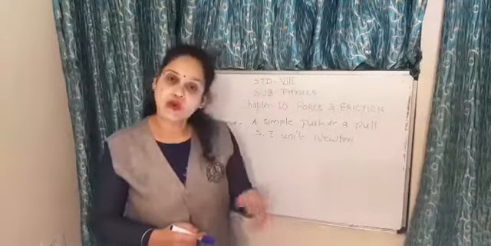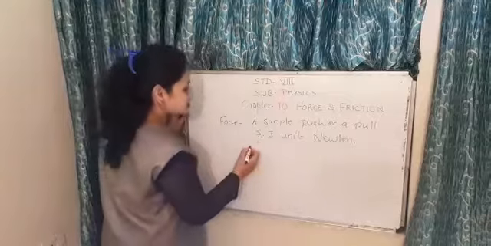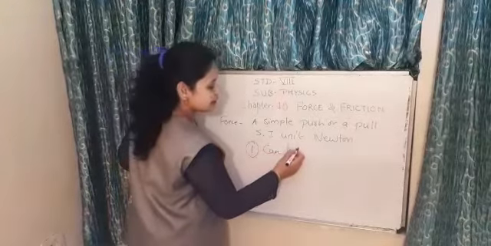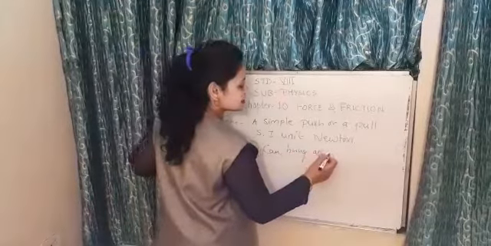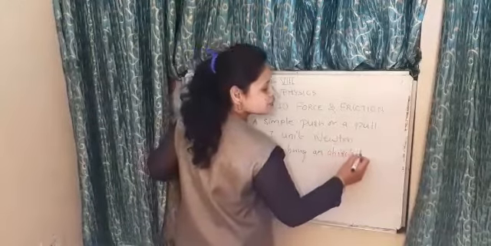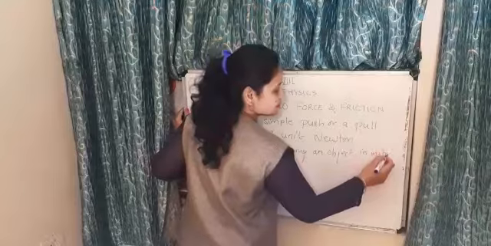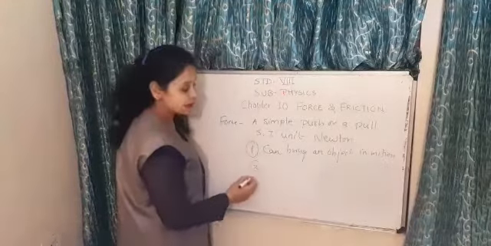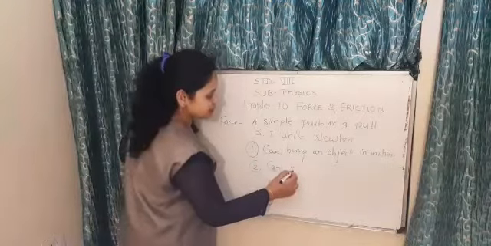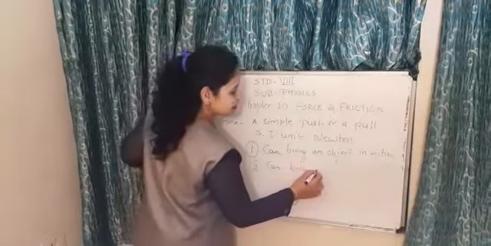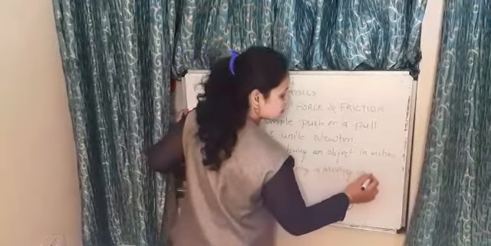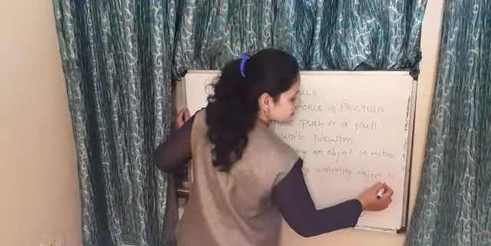Let us write down all the effects of force. So, what is the first effect? It can bring an object into motion, or it can increase the speed of an object. Second, it can bring a moving object to rest, or it can slow down the speed.